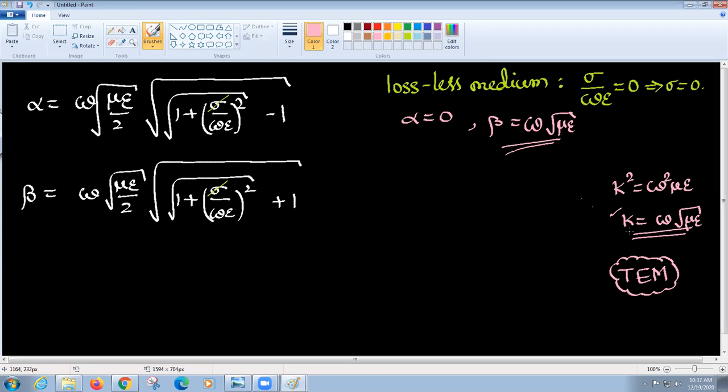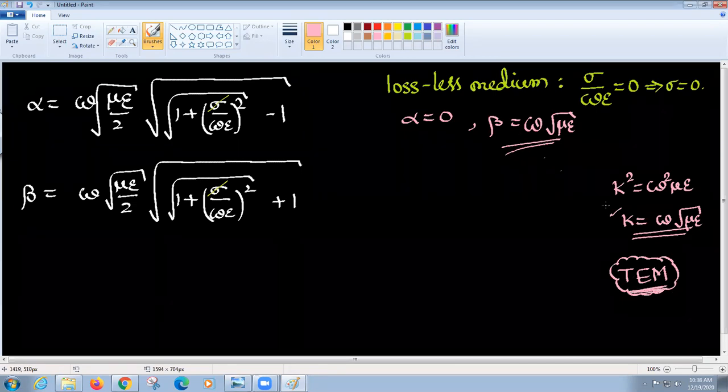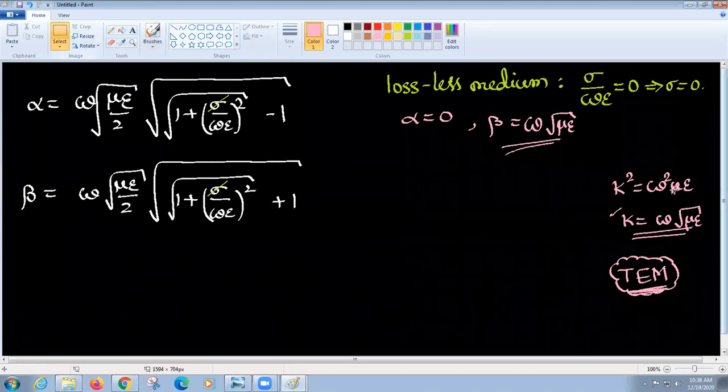Phase constant, wave vector, both are same. Therefore sometimes we take beta, sometimes we take k. That's the intention, there's nothing else. Otherwise, we could say k is equal to beta in lossless medium for TEM propagation. For other propagations, TM or TE, these two cannot be the same. Anyways, that is not in our syllabus, so we will not do that now. You learn those things in third year.